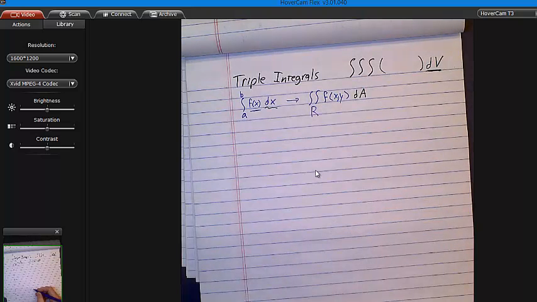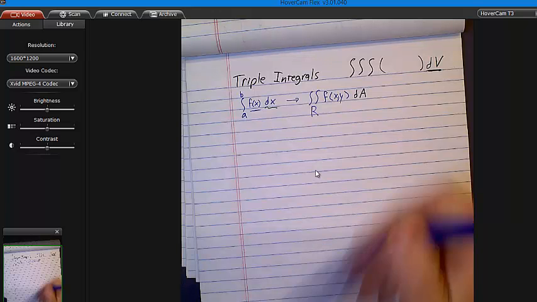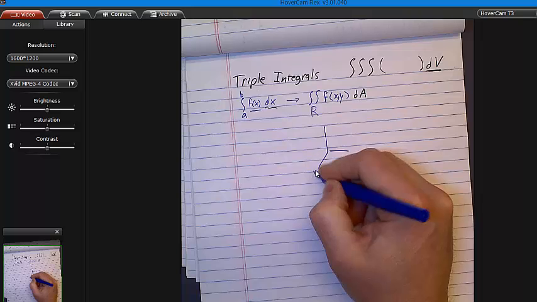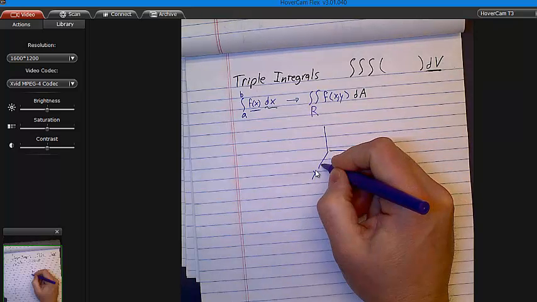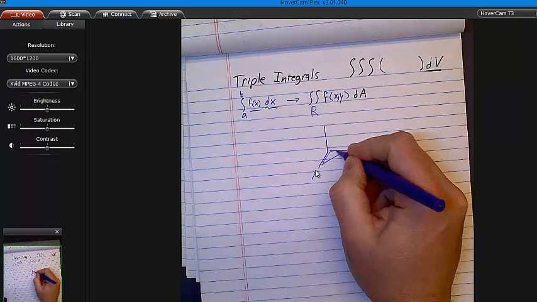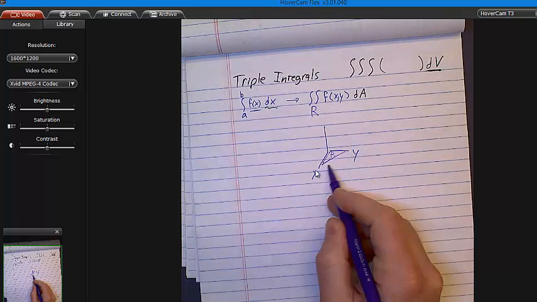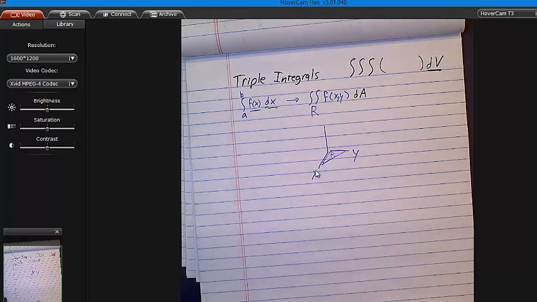And R, you might remember, is a region on what? It's a region on the XY plane. And so if I'm saying I'm going to evaluate volume, maybe on that last problem, my R would have been this triangle in the XY plane because it's the projection of the function onto the plane.